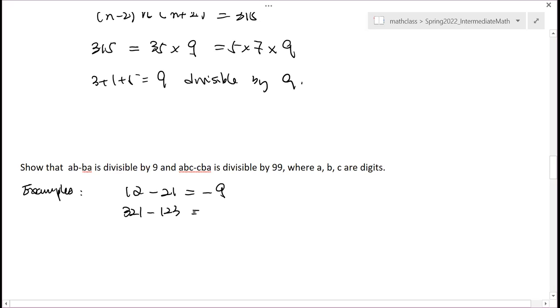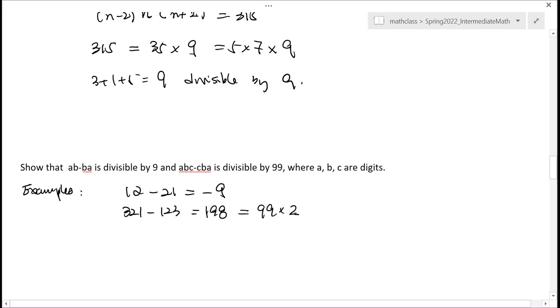You will get some number divisible by 99. It's going to be 198, which is double 99. So it's divisible by 99.